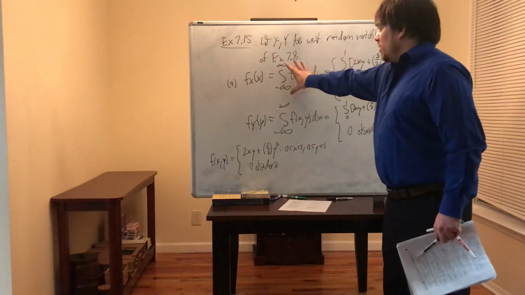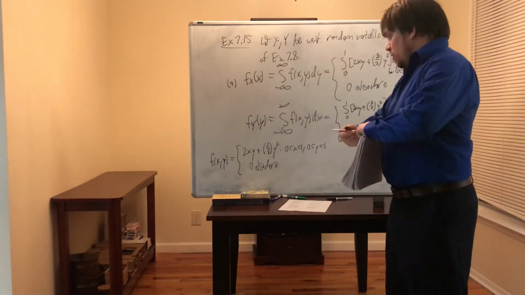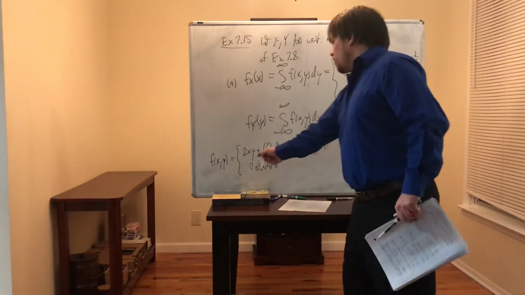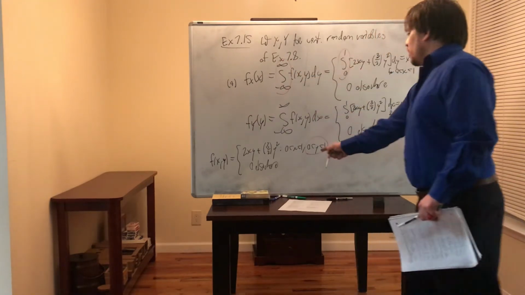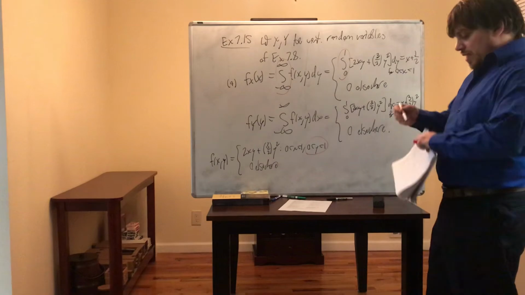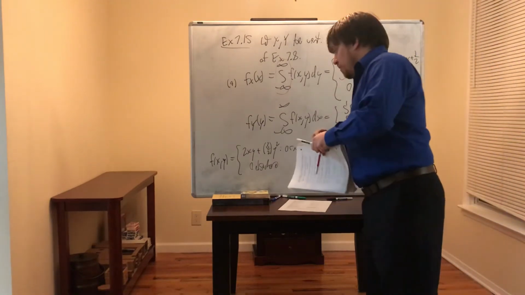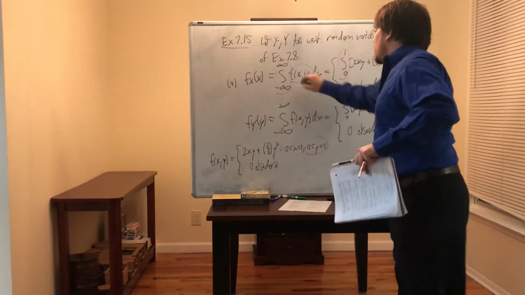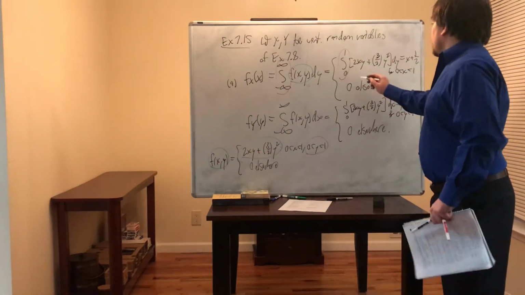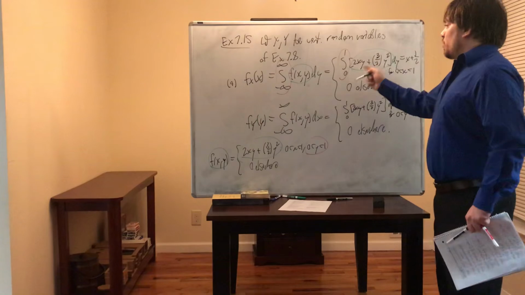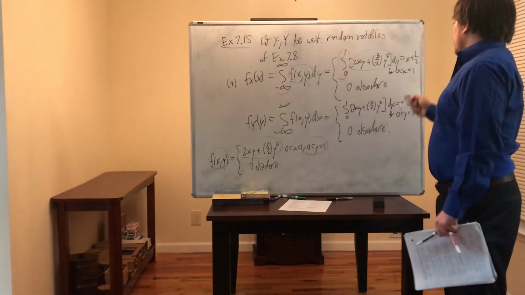The other values don't matter, since it's not 0 only from 0 to 1. So when integrating from negative infinity to infinity, I only need to consider 0 to 1. And f of x comma y is that function, so you're just integrating from 0 to 1 of f, and you're getting that.